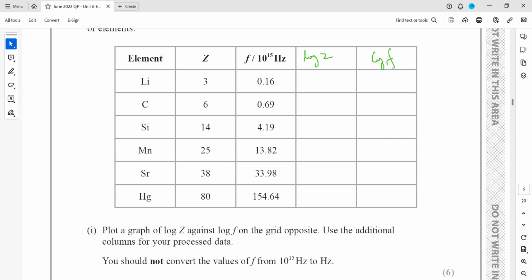So this will be log z and then log f. And whenever you mention this spectral line, then this will be log f and then 10 power 15 hertz, because you are not converting that into hertz. We are just taking a log of this value and substituting here.